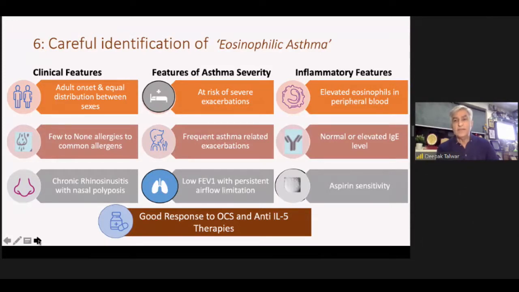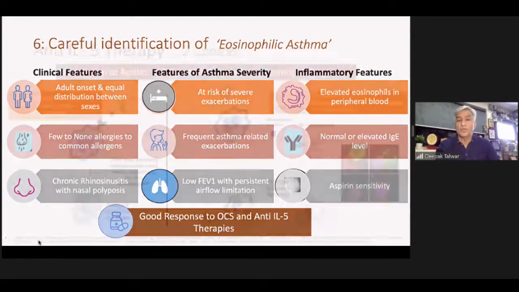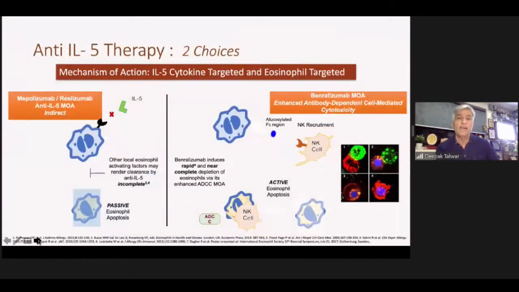When we look at their inflammatory features, they have elevated eosinophils in the blood, normal or elevated IgE levels, and may also exhibit aspirin sensitivity. But overall, this group of eosinophilic severe asthma patients responds very well to oral corticosteroids as well as anti-IL-5 therapies.